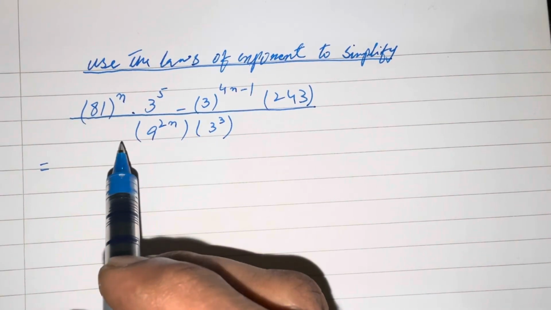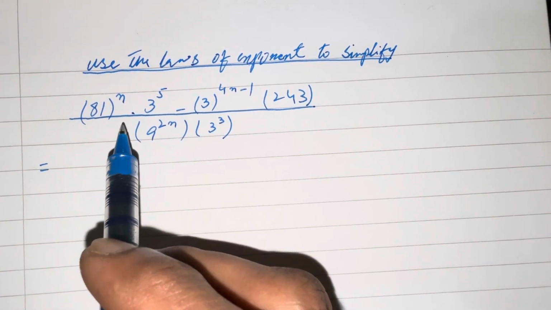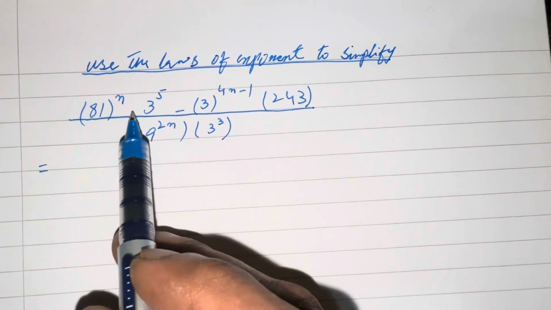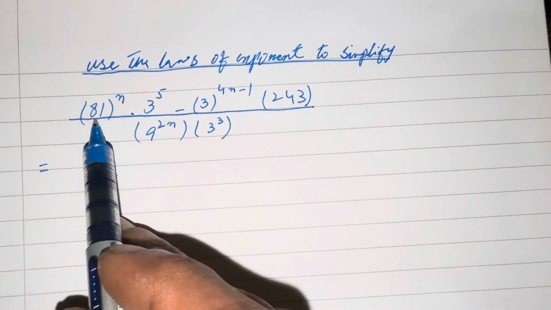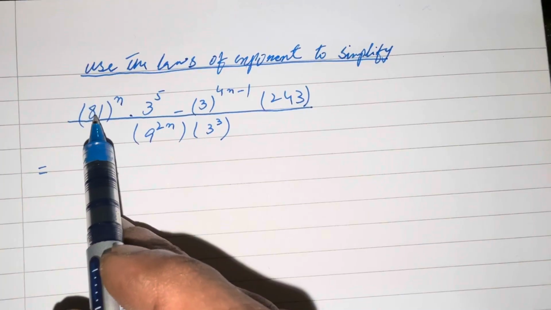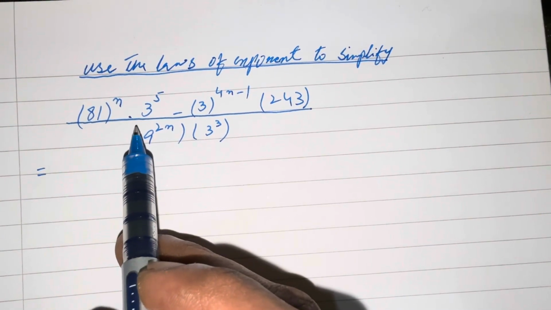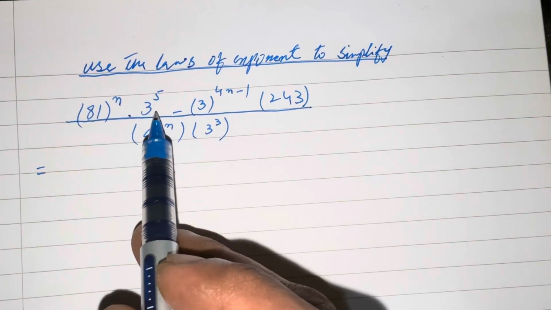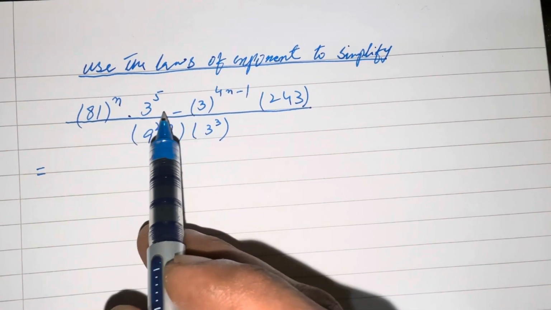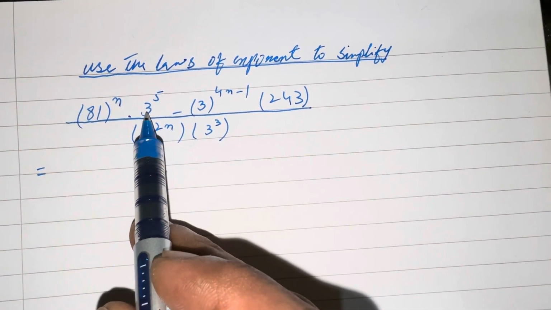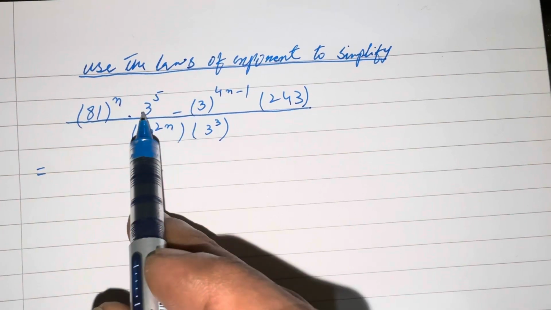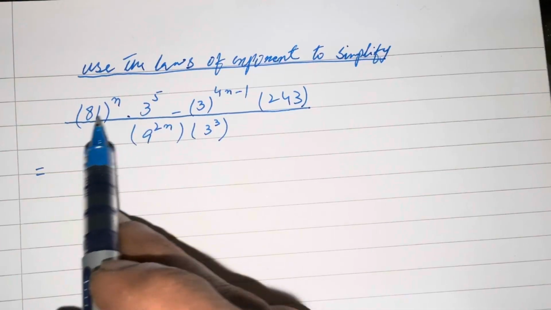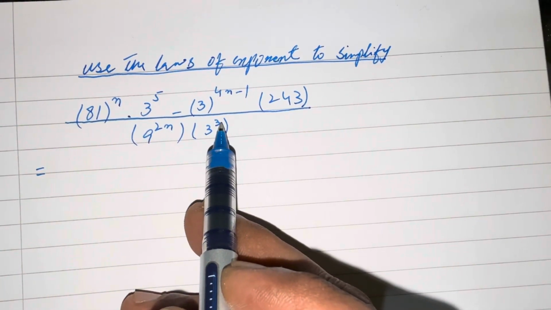So first of all, we are going to change these bases to simplify this question. Some bases are given in the lowest term, like 3 raised to power 5, 3 raised to power 4n minus 1, and 3 raised to power 3.